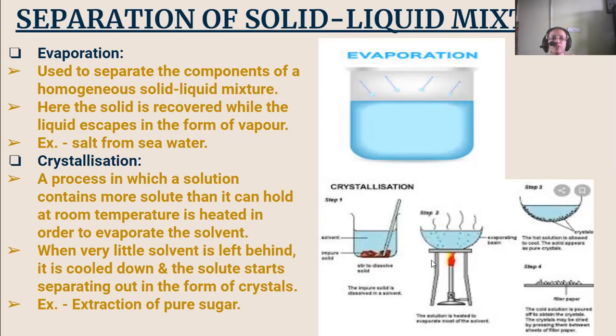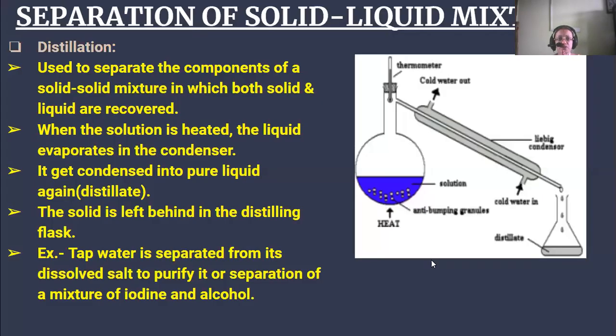Next is the distillation process. In this distillation process, here also a solid-liquid mixture is used, in which the solid totally dissolves in the liquid. In this process, we can get back the liquid as well as the solid.